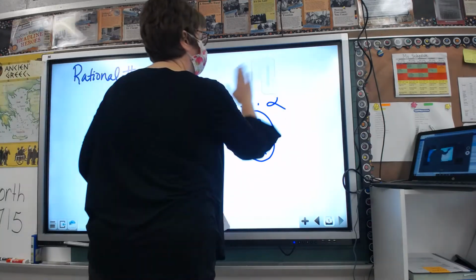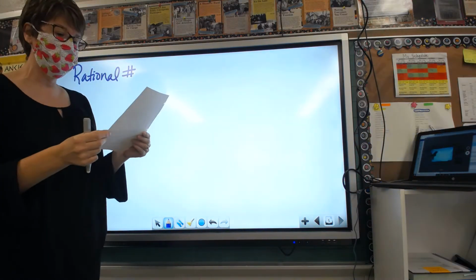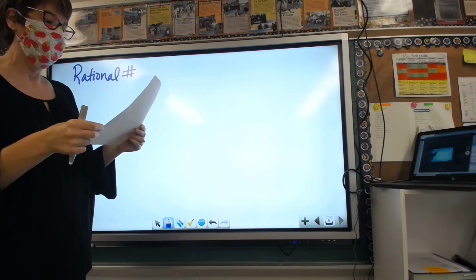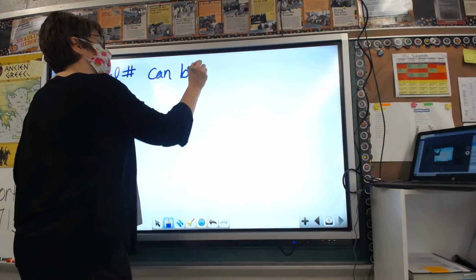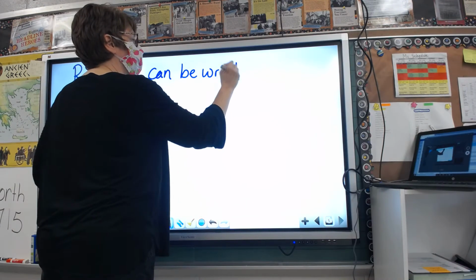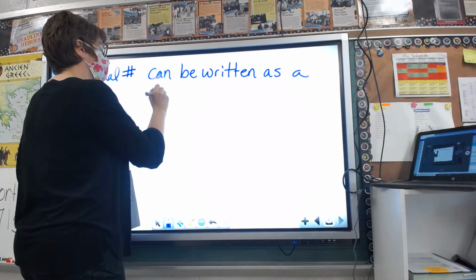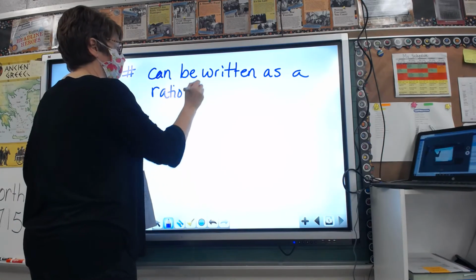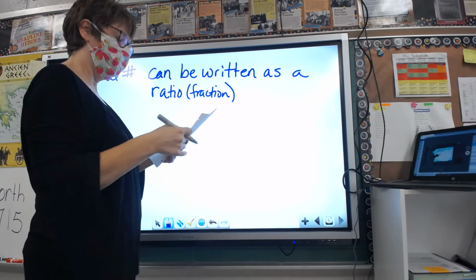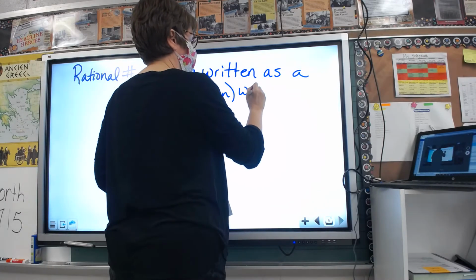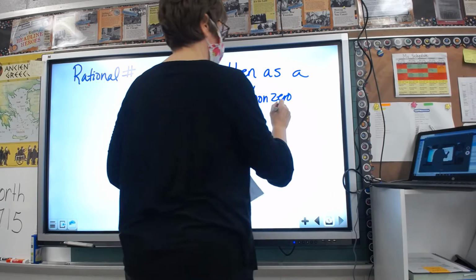Our little definition that we're going to write on the line: can be written as a ratio, or in parentheses, you could put fraction, with a non-zero denominator. You might have to go down below the line, sorry.